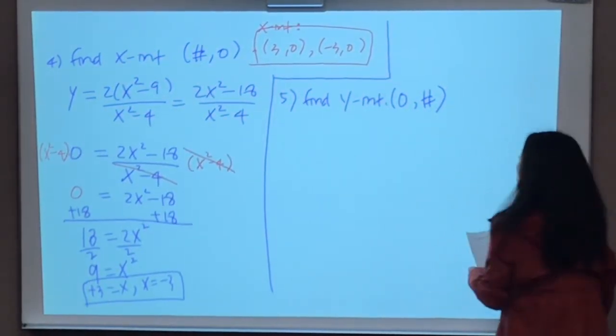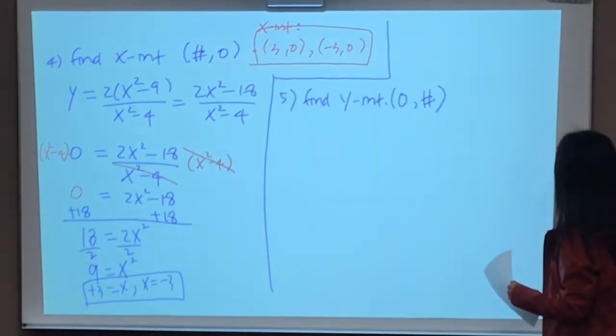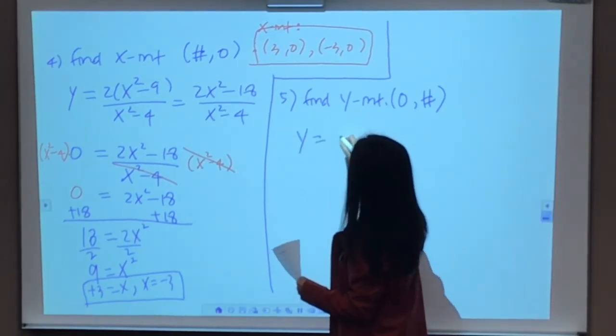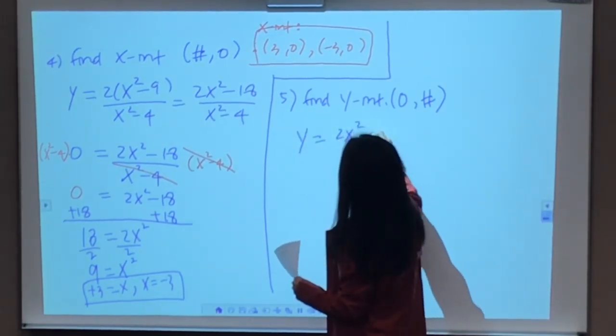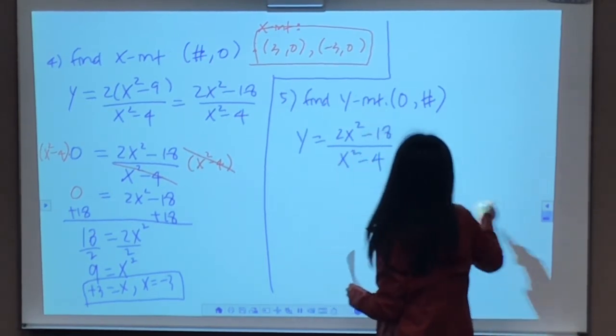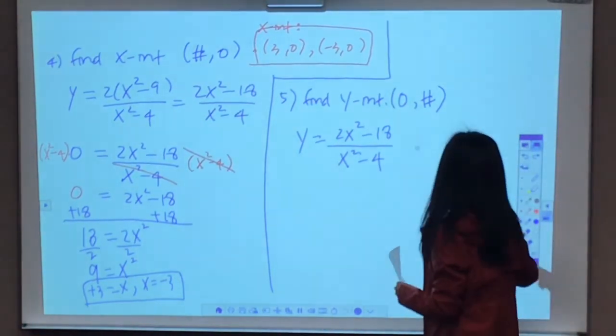All right, is everybody with me now? Number 5. Find the y-intercept this time. What does y-intercept mean? X is 0 and y is some number. I'm going to write down that problem again: y is equal to 2x squared minus 18 over x squared minus 4. This time I'm going to plug in x equals 0.